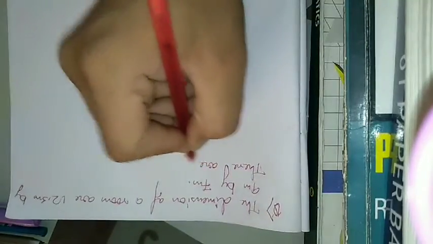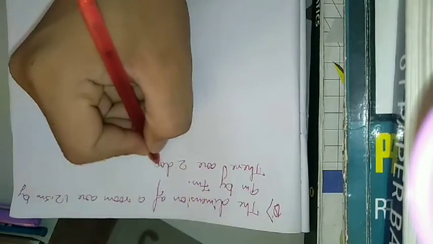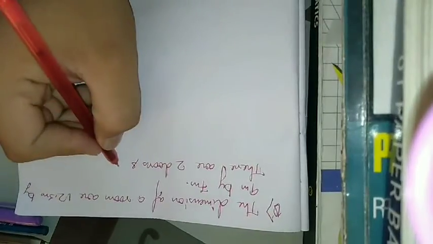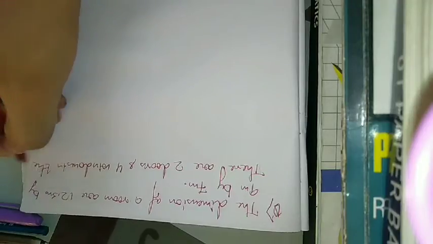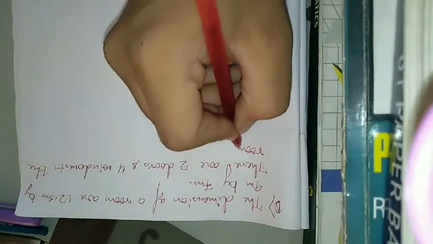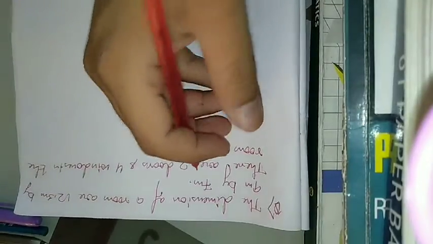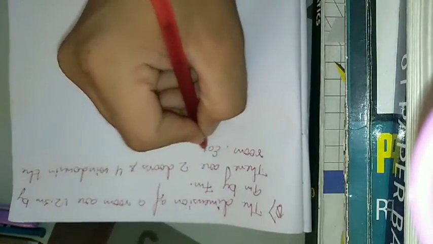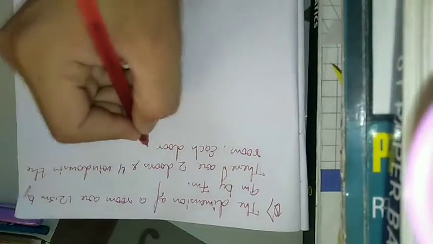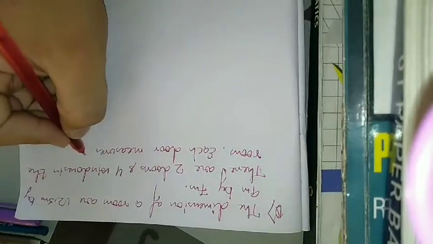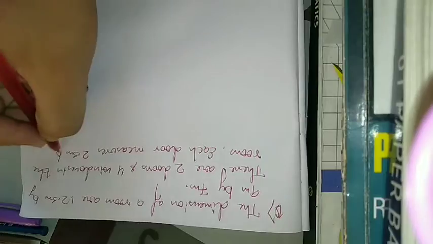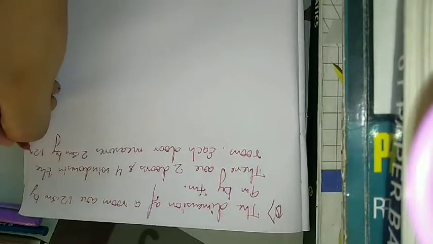Then it is said that there are 2 doors and 4 windows in the room. Each door measures 2.5 meter by 1.2 meter.